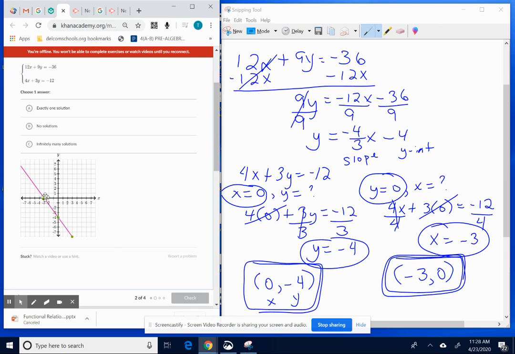They're exactly the same line. We graphed both equations, and they ended up being exactly the same line. So every point where they intersect is the solution, but they're going to intersect at every single point on the common line. So we're going to click infinitely many solutions.